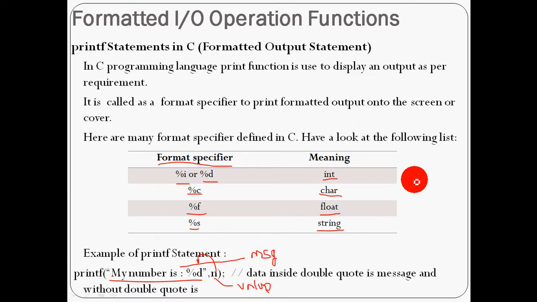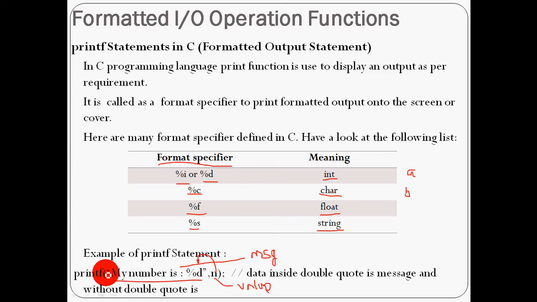If I consider one variable a, and a is declared as an integer, and I want to print the value of a in a printf statement, then I can use %d or %i. Generally we use %d. While if b is declared as a character type, and we want to call the value of b inside the printf message, then we can use %c. Here is %c, then %f and %s.